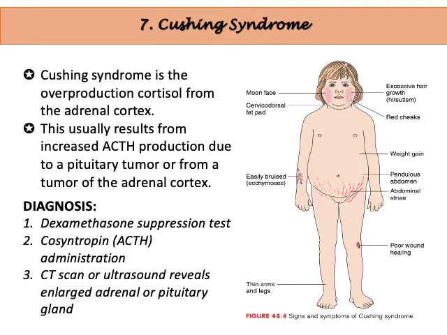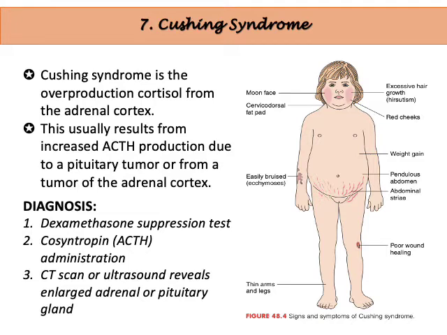Diagnosis: dexamethasone suppression test. Normally, giving dexamethasone, a glucocorticoid, will lower cortisol. It will not fall in children with adrenal tumors because the tumor continues to stimulate the adrenal glands to secrete cortisol.